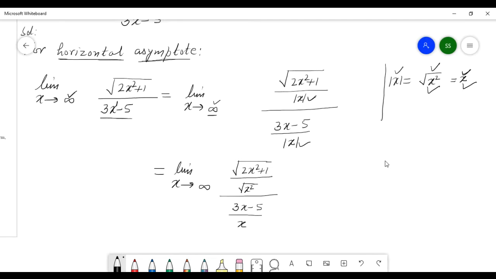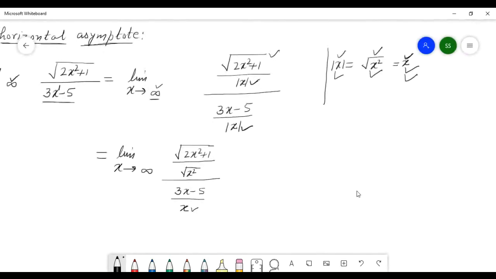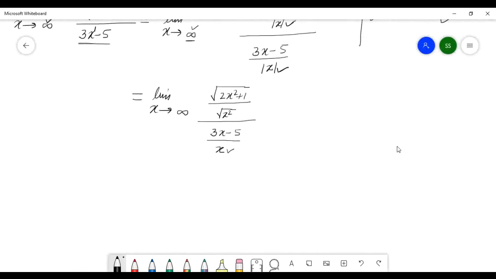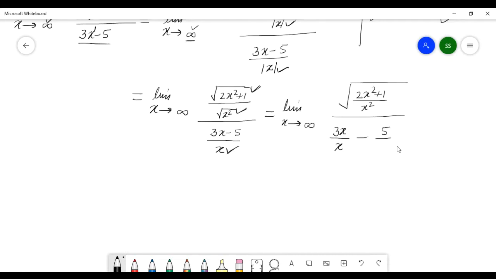So we take x square inside the root. Now divide the terms below: the square root of 2x square divided by x square plus 1 divided by x square, over 3x divided by x minus 5 divided by x.